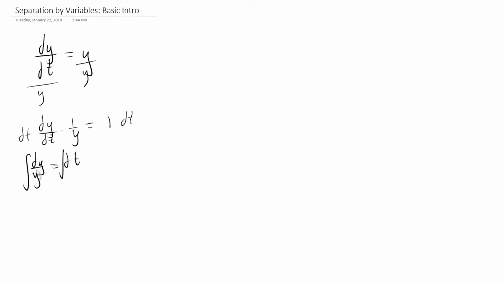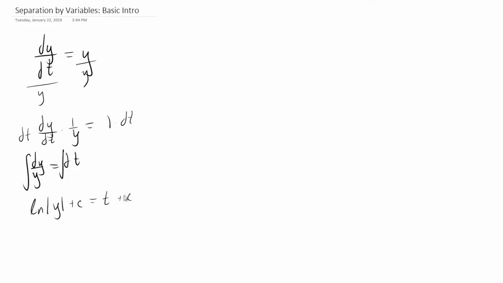So 1/y is going to be the natural log of the absolute value of y, and then for the first one I'll do plus c, and this is equal to the integral of 1, which is just t plus c.